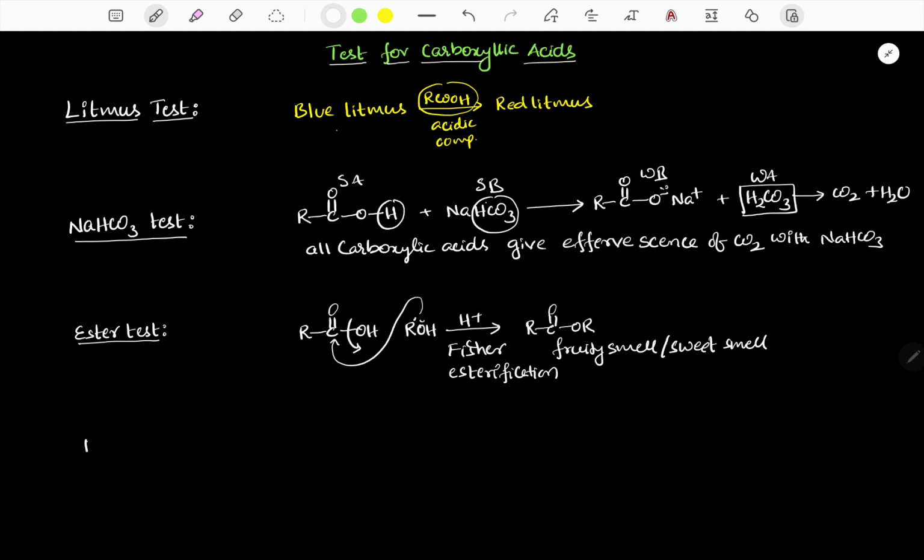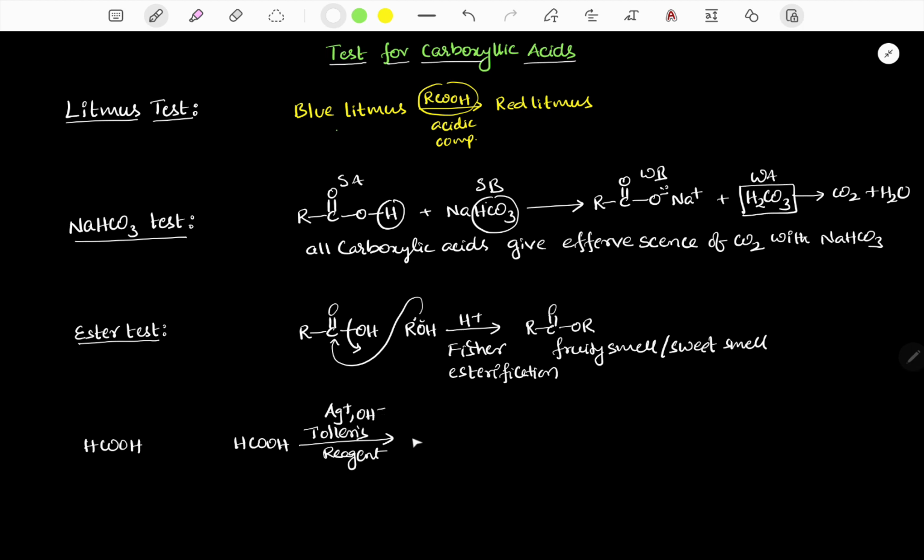Next, tests especially for formic acid. When formic acid is treated with Tollens reagent, Tollens reagent mainly has Ag+ and OH-.